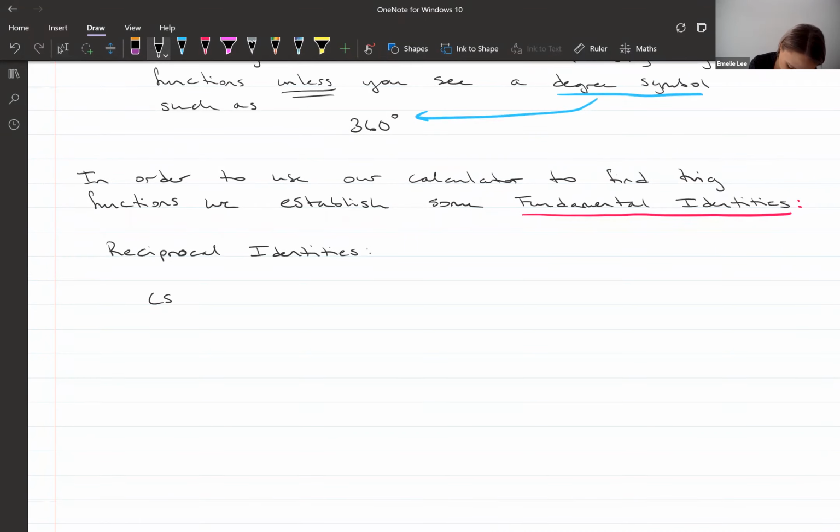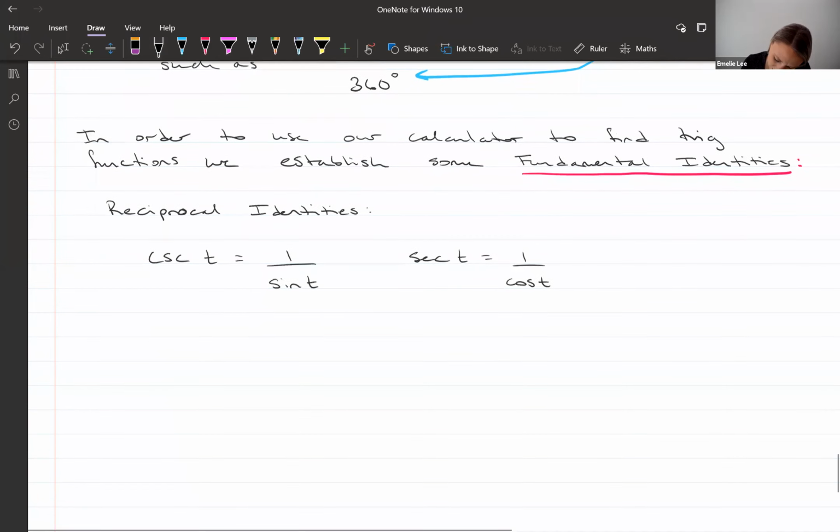Which says that the cosecant of t, remember the cosecant is just 1 over y as long as y is not equal to 0, and y was sine of t. So 1 over the sine of t. The secant of t, same idea, is 1 over cos t. And the cotangent of t is 1 over tan t.